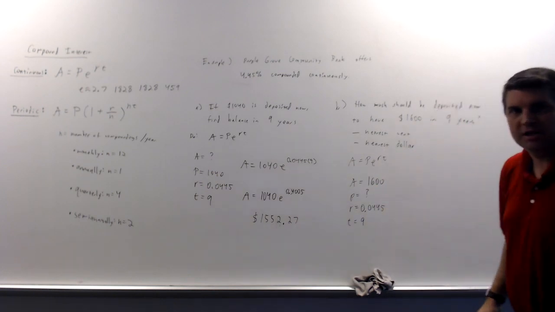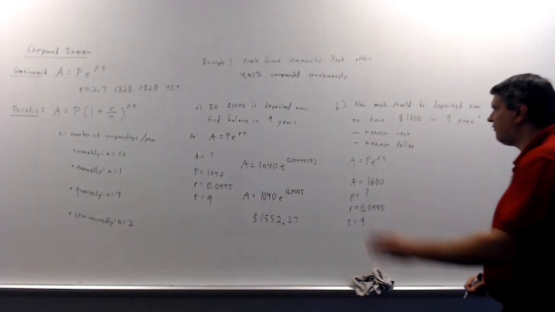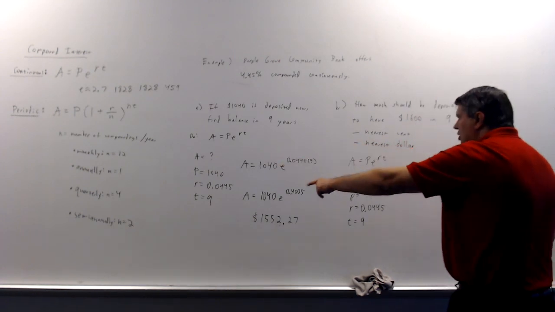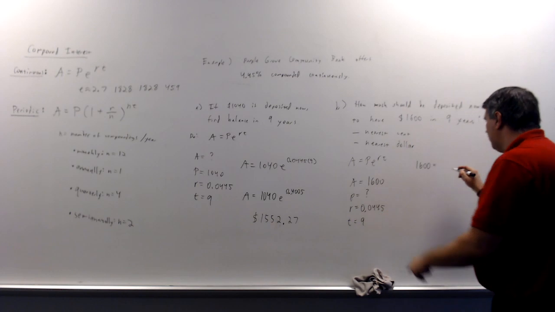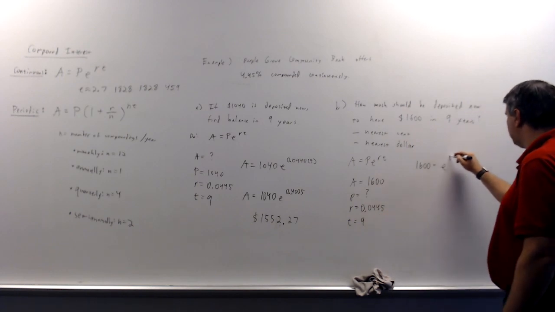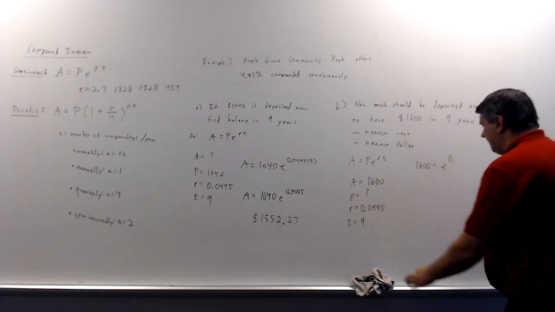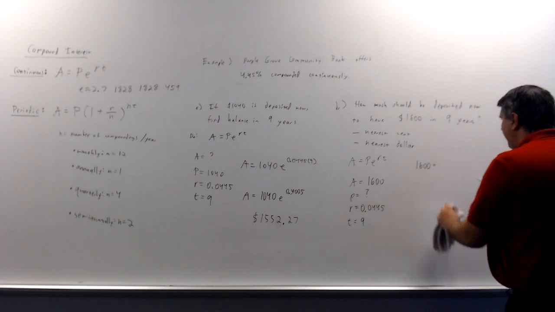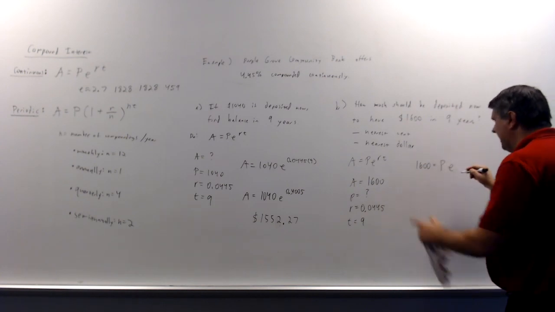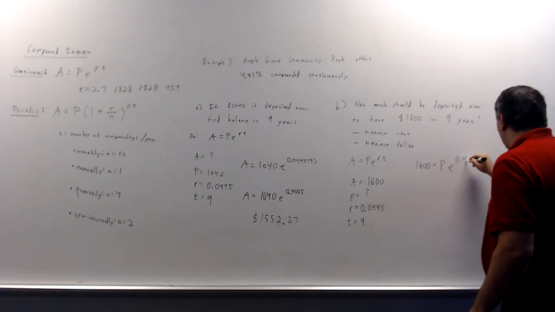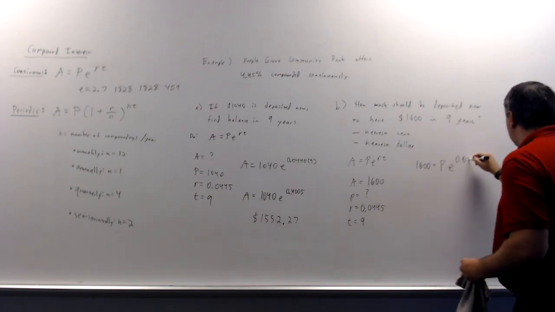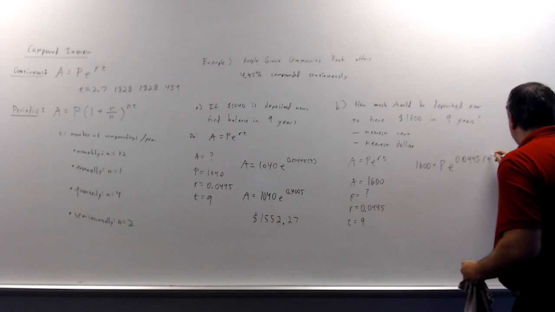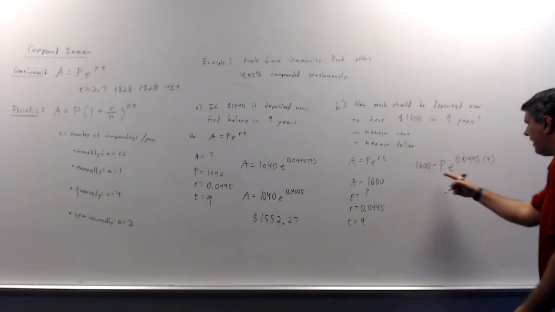As I said, determine what your values are before you start plugging things in. So I want to know when 1,600 will equal P times E to the 0.0445 times 9th power.